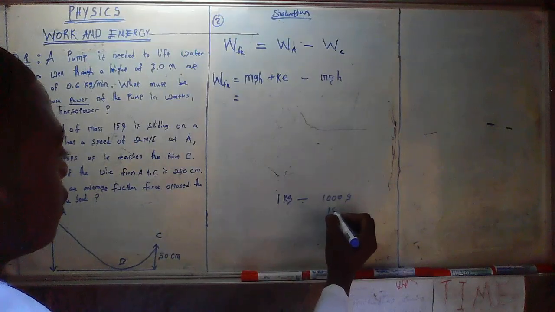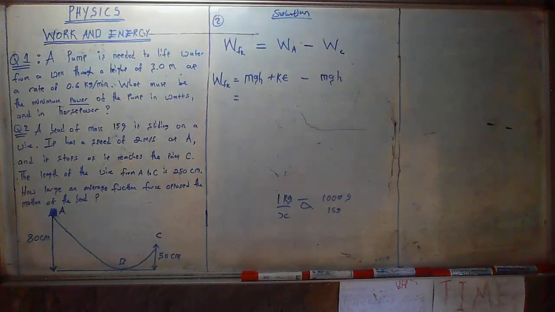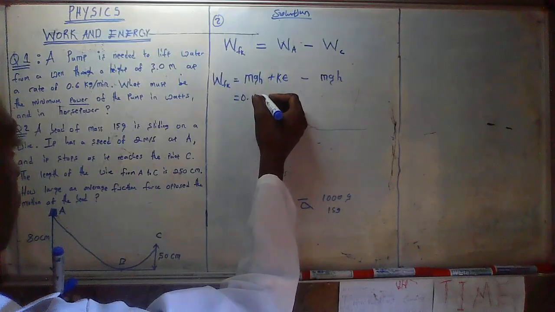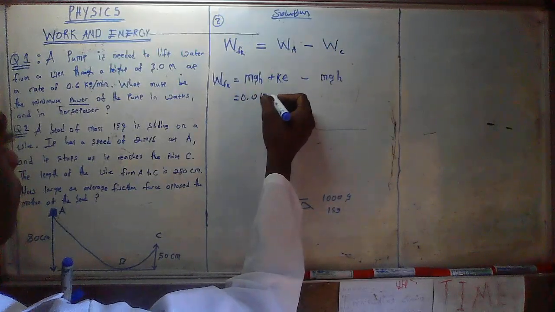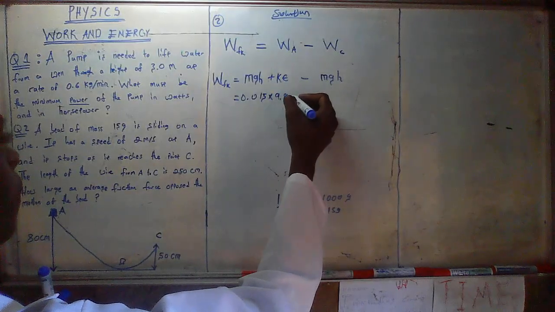So when you cross multiply, you find that you will be dividing 15 over 1000, which will give you 0.015. So the mass is 0.015. What is the gravity? Gravity will use 9.8.